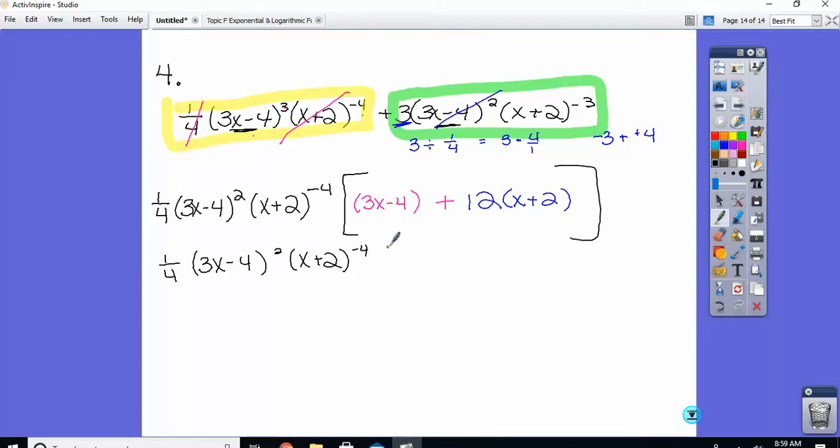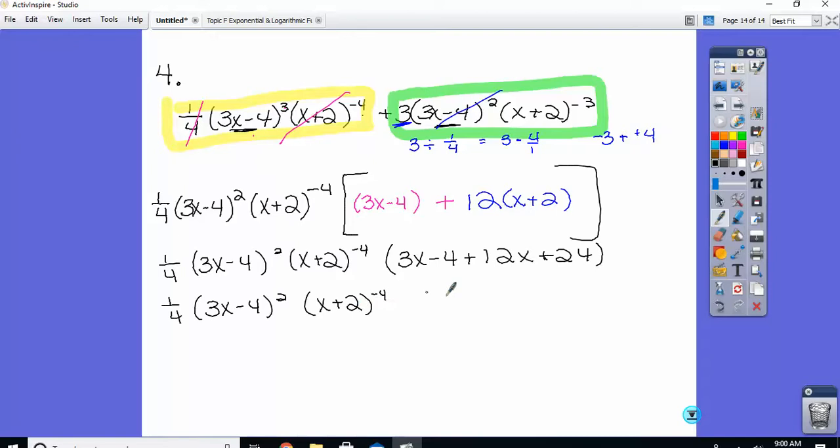So if you distribute your 12, and then we can combine like terms. 3x and 12x is 15x. -4 and 24 is positive 20.